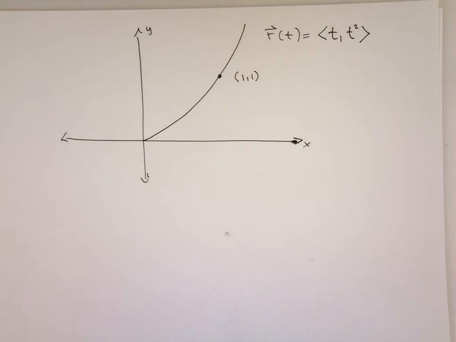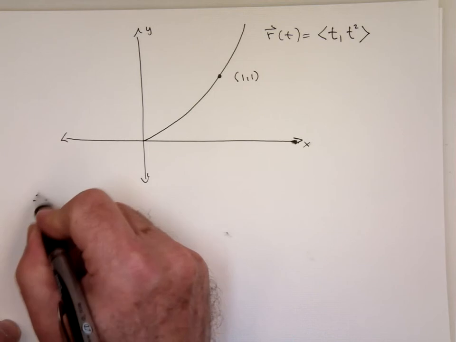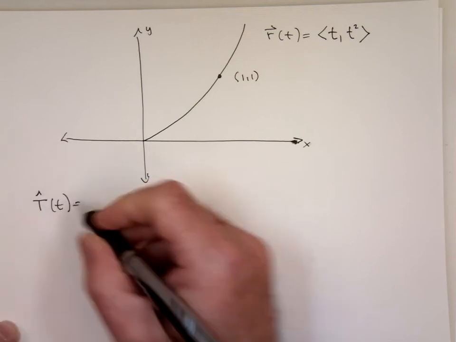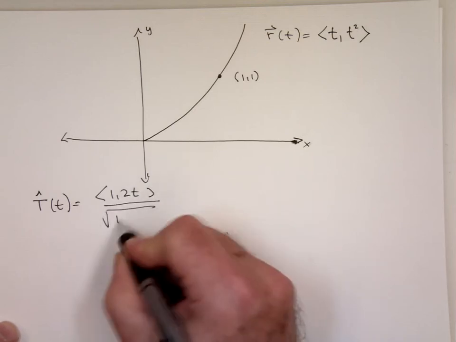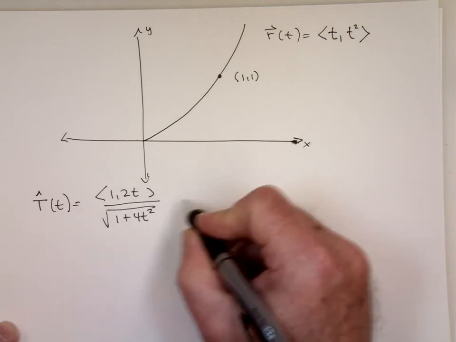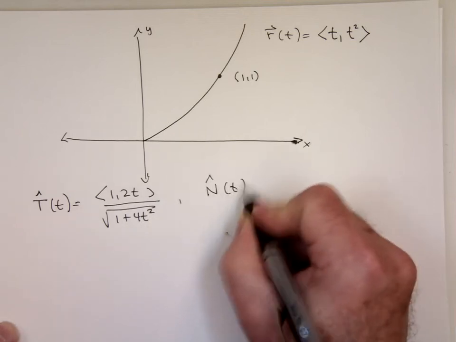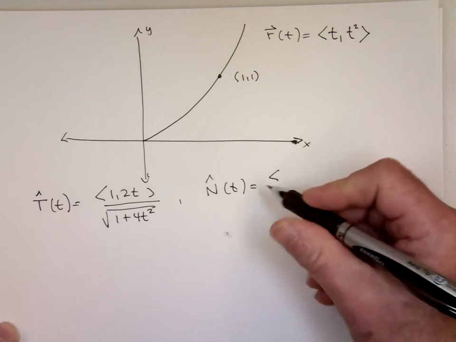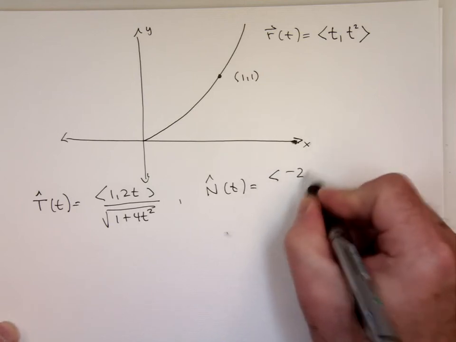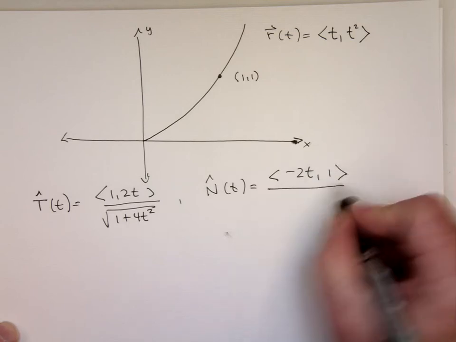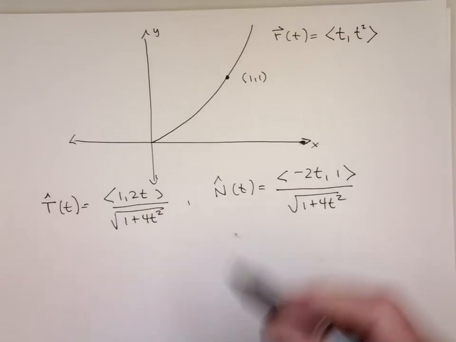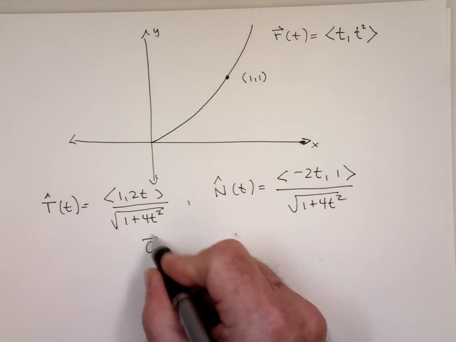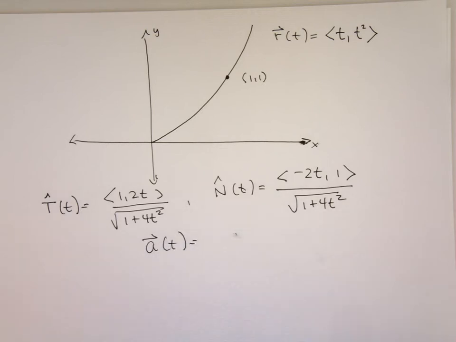What we found is that T is equal to (1, 2t) over the square root of 1 plus 4t squared. We found the normal to be (negative 2t, 1) over the square root of 1 plus 4t squared. We have our acceleration vector, which is equal to (0, 2).